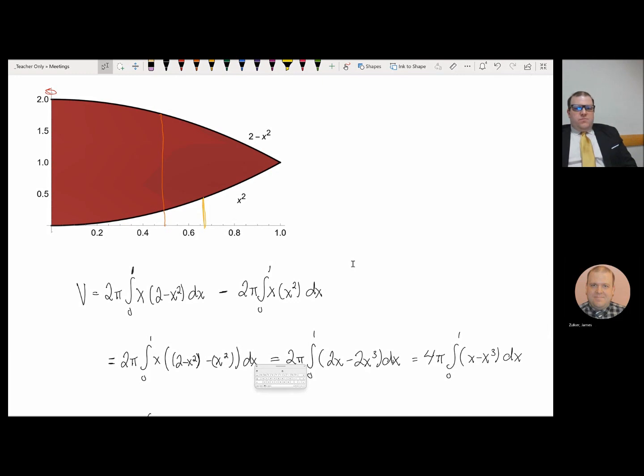Well, that's not really the region we're finding, is it? You take the cylinder of height 1, take away the region under x squared, and then multiply that by 2.